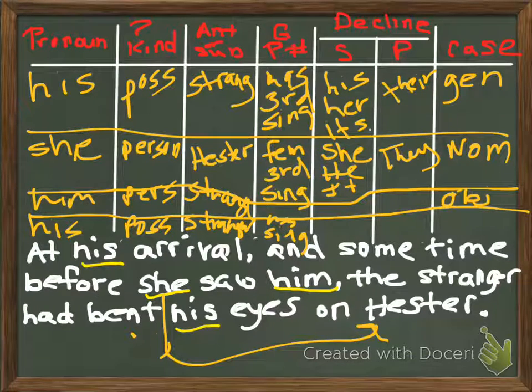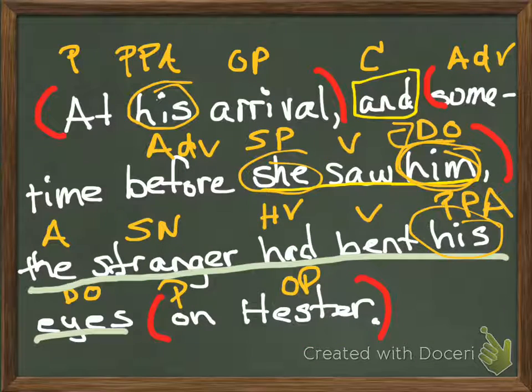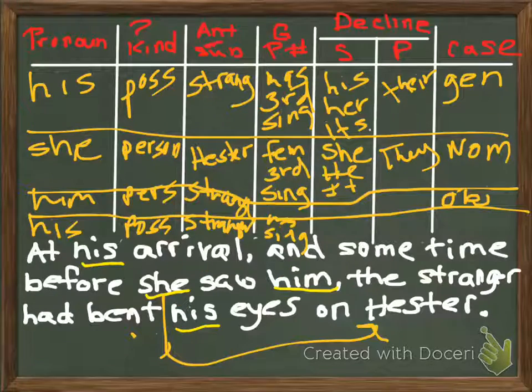Really bad writing there. And his eyes is in what? Well, since it's a possessive pronoun, it is in the genitive or possessive case, just like up above.